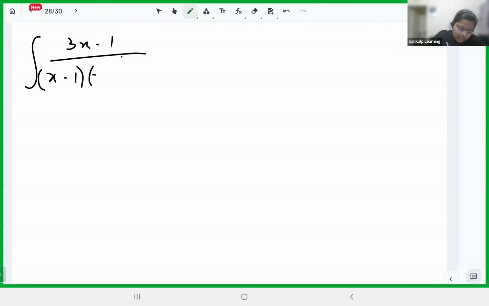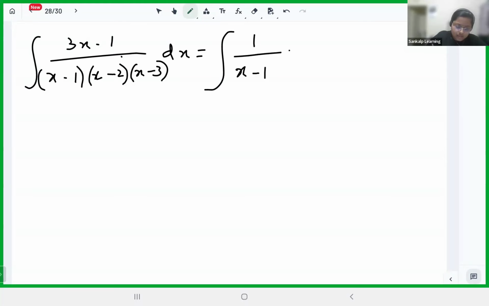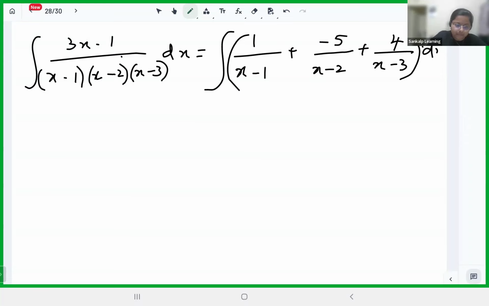So this is equal to integral (3x minus 1) by (x minus 1) into (x minus 2) into (x minus 3) dx, which is equal to integral of 1 by (x minus 1) plus b is minus 5 by (x minus 2) plus 4 by (x minus 3) dx.